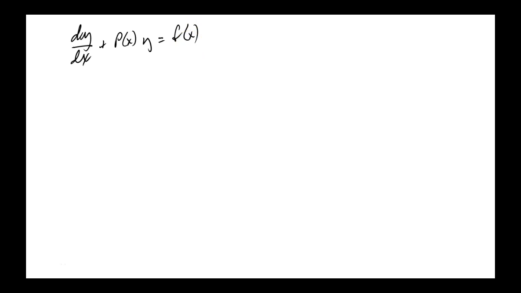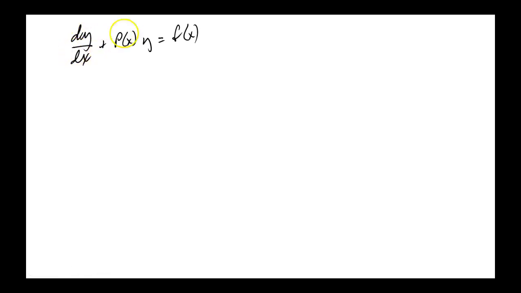Now the method for solving that hinges on what they say is a remarkable fact: the left-hand side of the equation can be recast into the form of an exact derivative of a product by multiplying both sides of this equation by a special function mu of x.